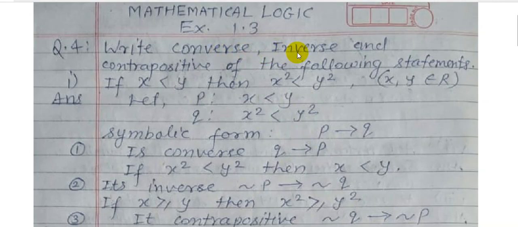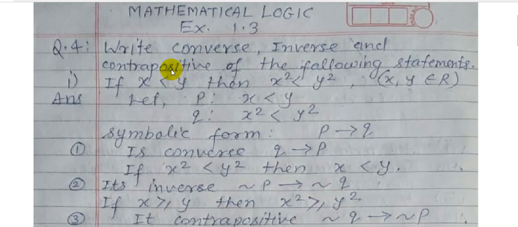So what is inverse? For the inverse, we use negation on both sides. If the main statement is P conditional Q, and then we apply negation, negation P conditional negation Q, then it is known as inverse. And last one, contrapositive.